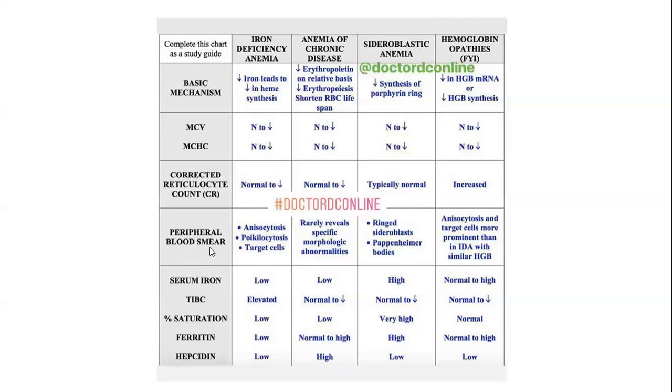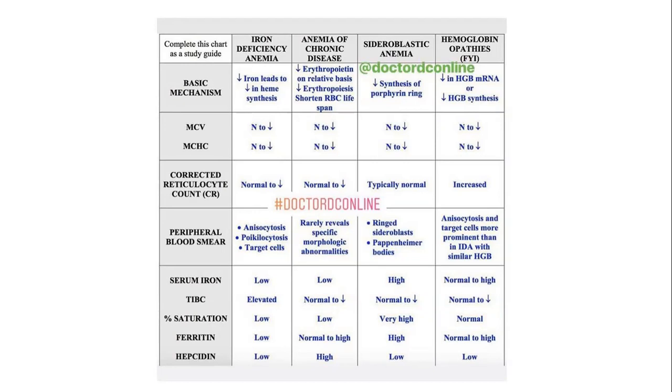If you go for a peripheral blood smear study, we can get anisocytosis, poikilocytosis, or we can see the target cell. In sideroblastic anemia, we can see a special type of cell called sideroblast cell. But in case of iron deficiency or hemoglobinopathy, we can see anisocytosis or poikilocytosis.